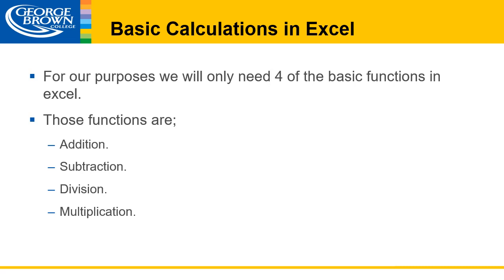While these are all fairly straightforward and simple procedures, the way we communicate what we want to do in Excel is a bit different than what you've been exposed to on a calculator. So in the next slide, I'm going to show you how to communicate with Excel to get it to do what you want it to do.